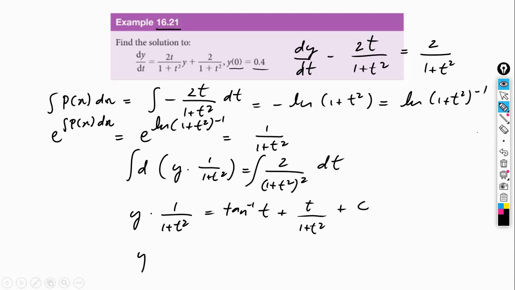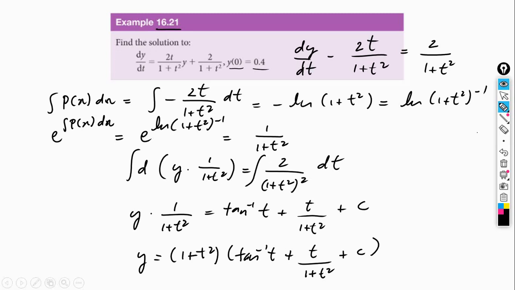Therefore, y would equal 1 plus t squared times inverse tangent of t plus t over 1 plus t squared plus a constant c. Now don't expand this, just leave it like that. You don't really need to expand these expressions. It takes too much time.